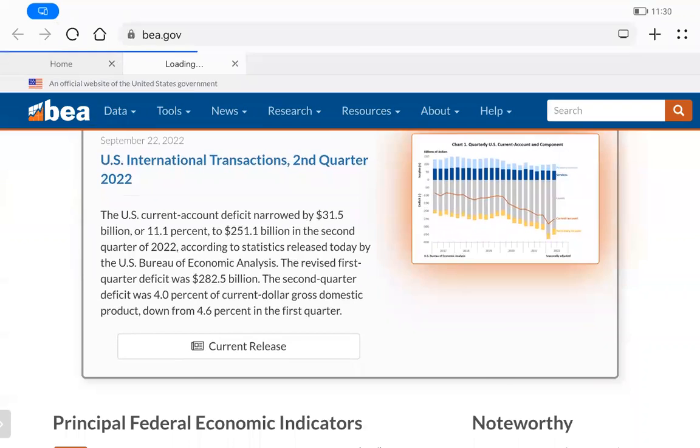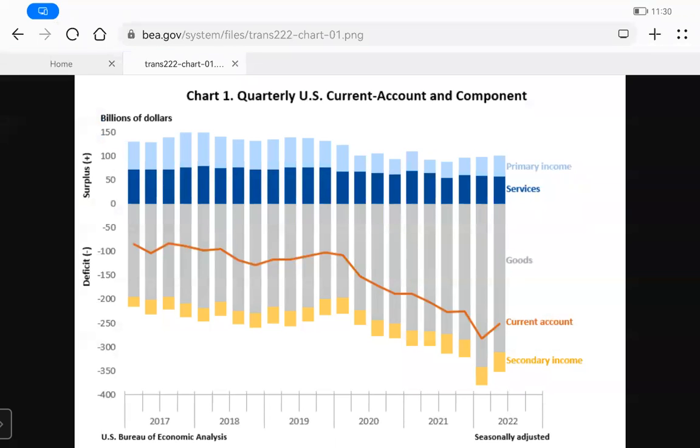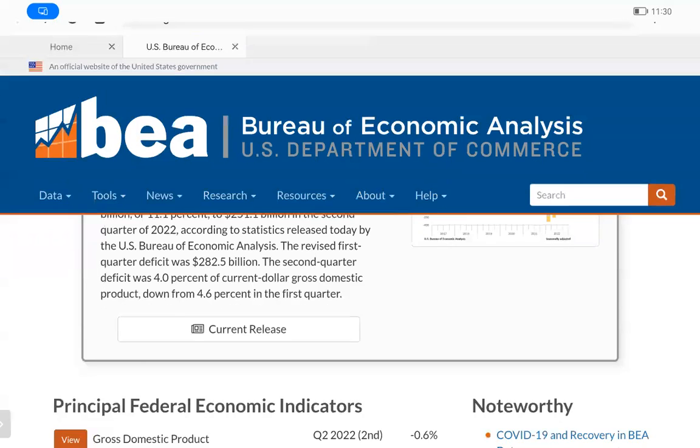Here, maybe we can look at this one to see the trend. This is the quarterly US current account and components, which essentially shows you the trade surplus and deficit, right? What else can we look at?